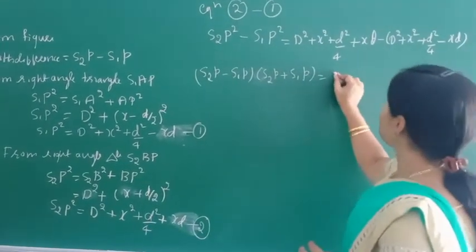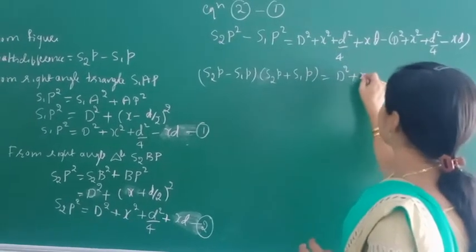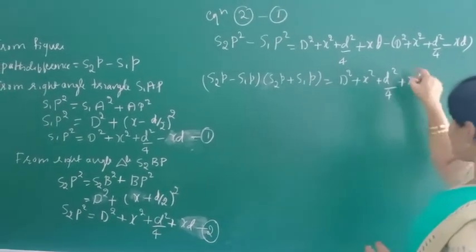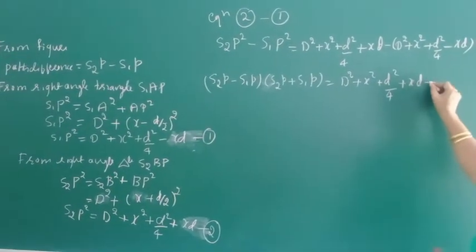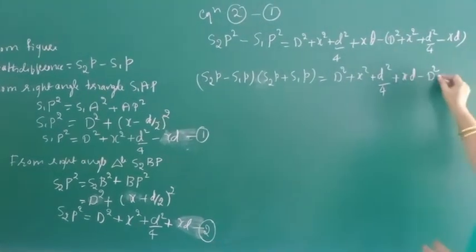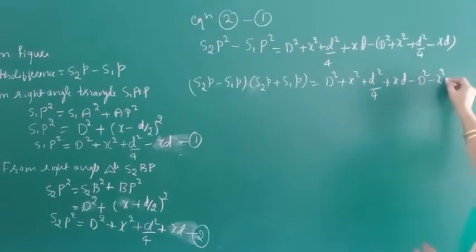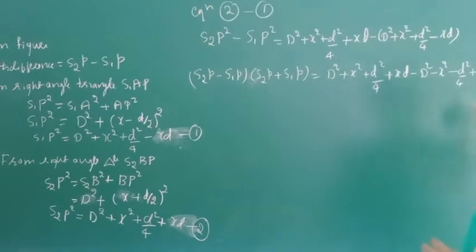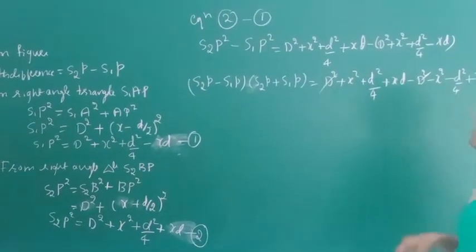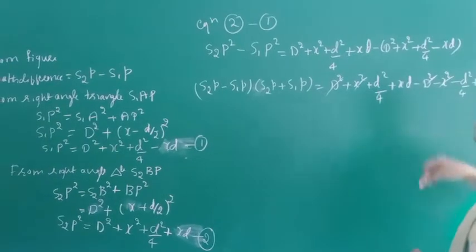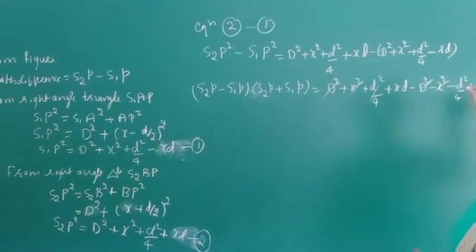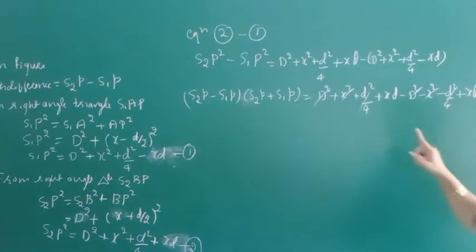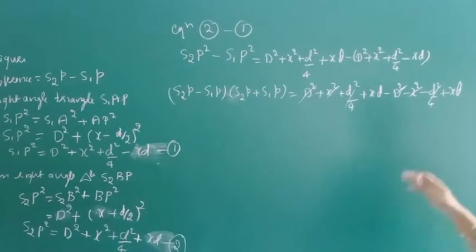That will be equal to D square plus X square plus D square by 4 plus XD, then plus into minus, minus D square, minus X square, minus D square by 4, and minus into minus, plus XD. The D square, X square and D square by 4 terms get cancelled. Remaining is XD plus XD, which equals 2XD.